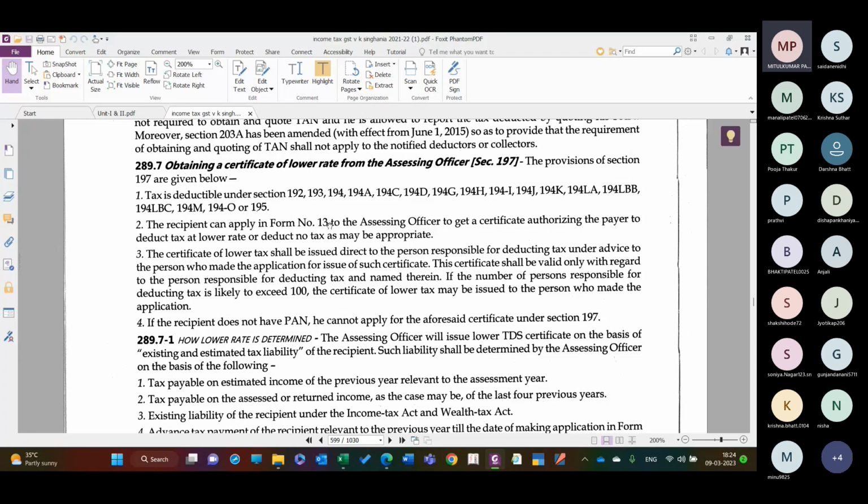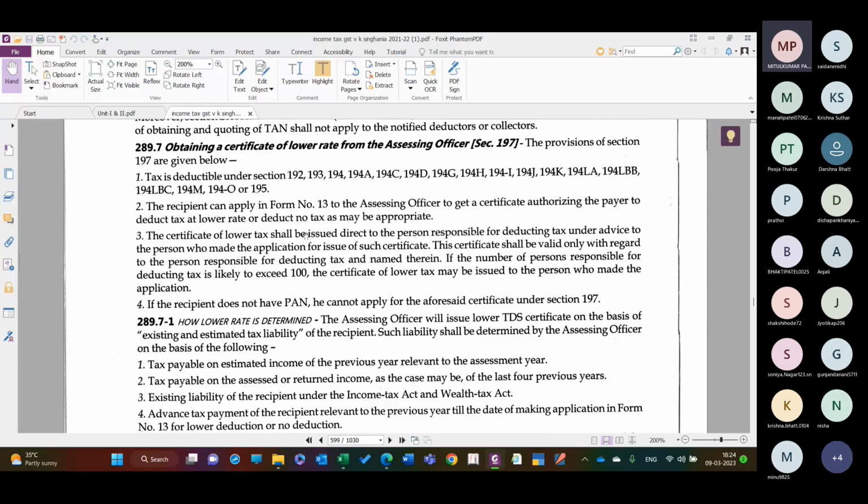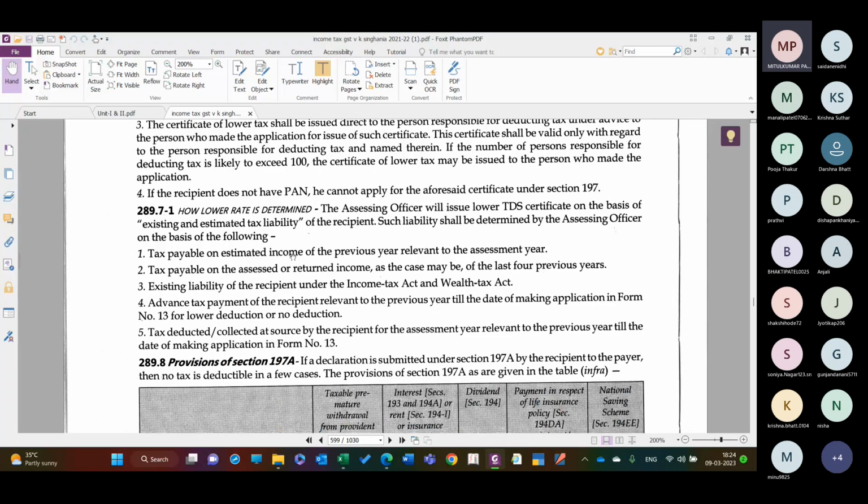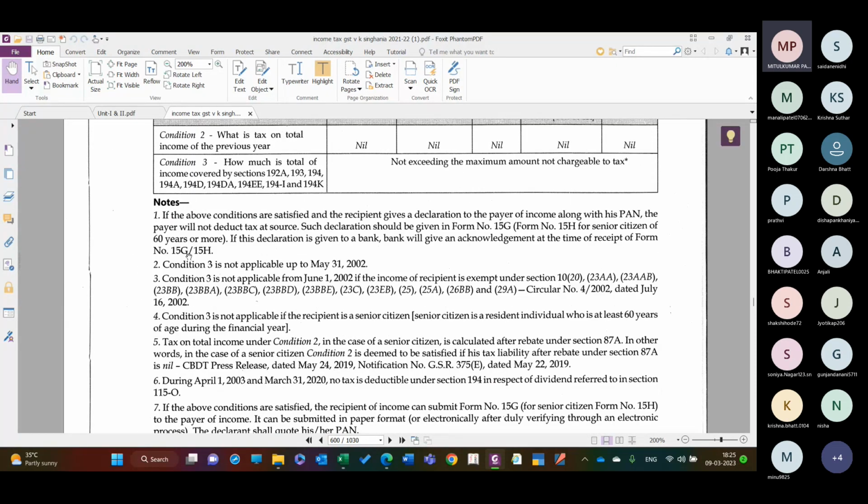Right? So either lower rate of deduction or no deduction of tax, as the case may be. So that information is given over here. How to determine? This is what he or she will take into consideration. As far as 15G and 15H is concerned, this is mentioned over here in this paragraph.